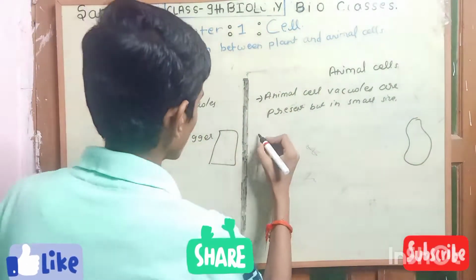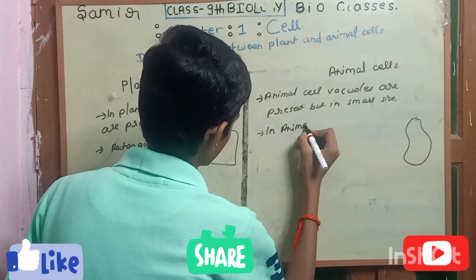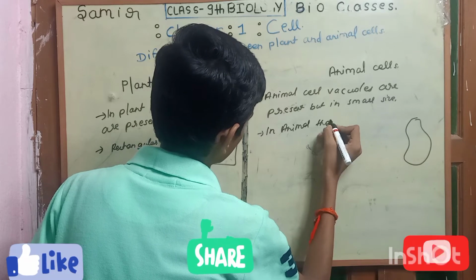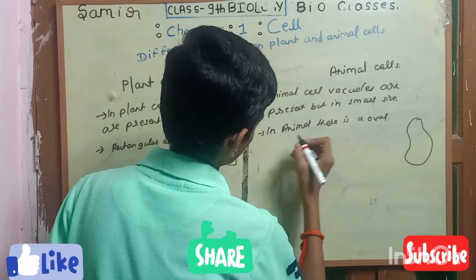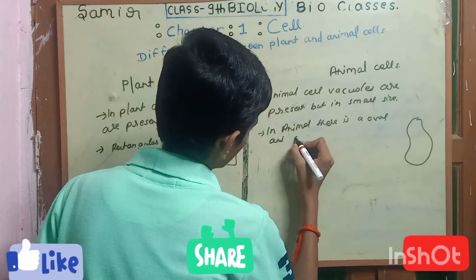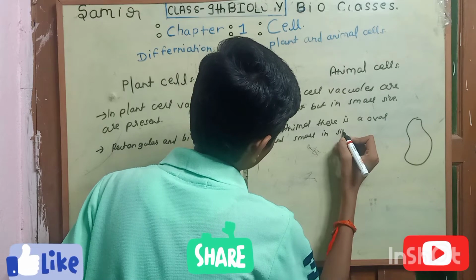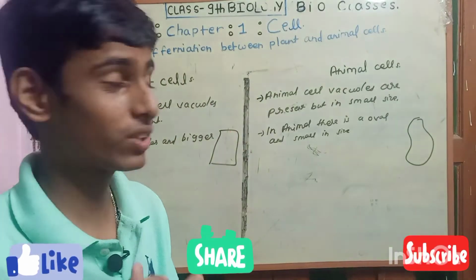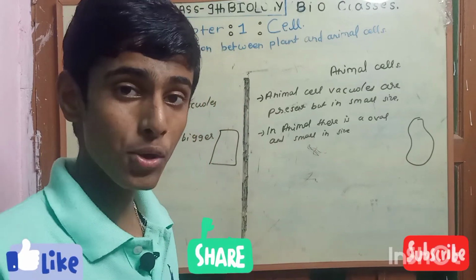Ovule type of structure in an animal cell. Small in size compared to the plant cell.